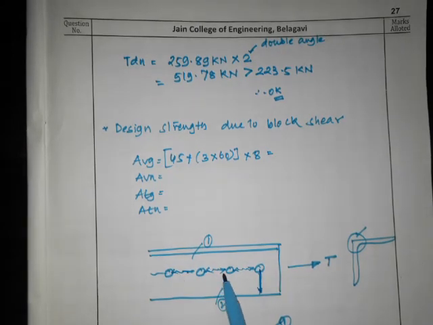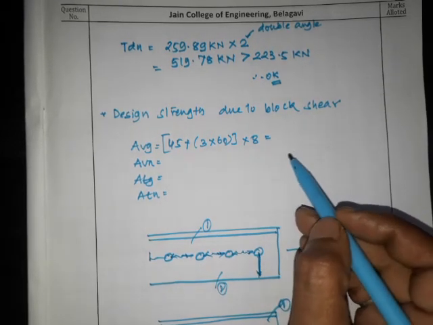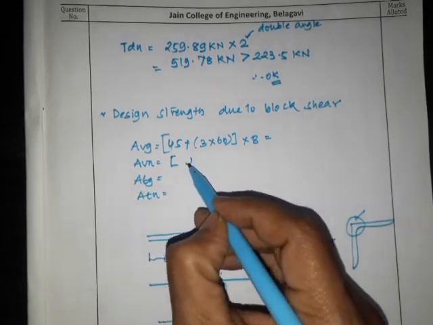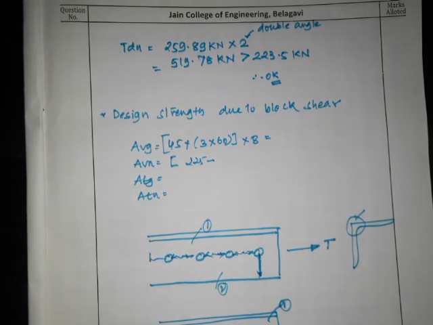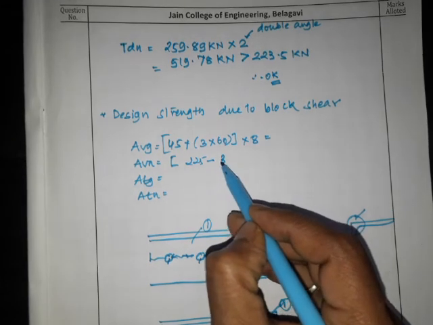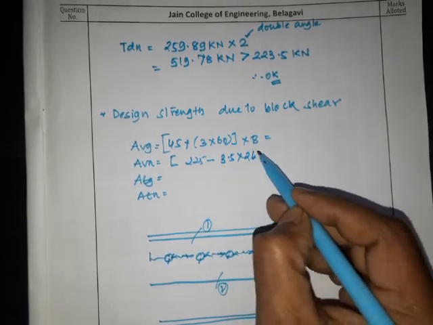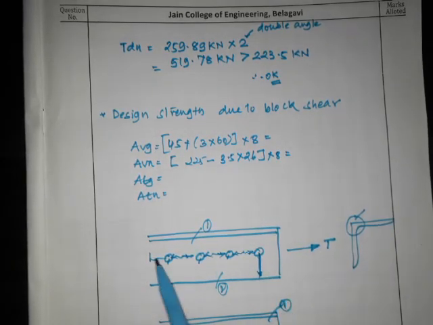That is 60, 60, 60 plus this 45, into 8. And AVN will be, this total is 225, minus, because this is a net area, 3.5 bolt holes into 26, into 8. This is with respect to this path.